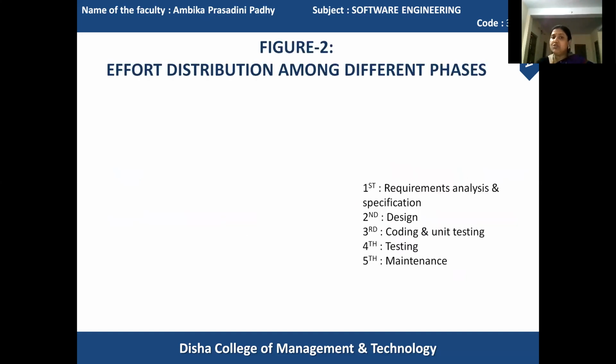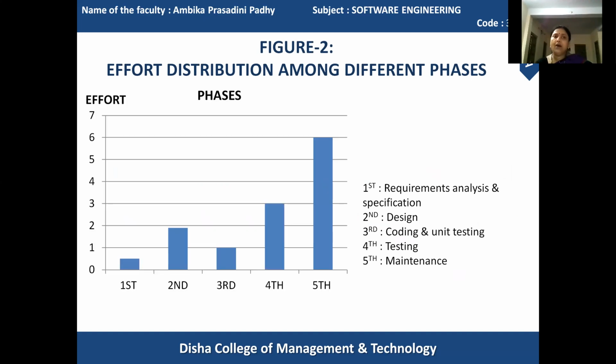The effort distribution among different phases we can view in a chart. We have different phases of software development. Each and every phase requires a certain amount of effort to be provided. Let us have an idea. All the 5 phases you have, come to the point of what the effort requirements will be.